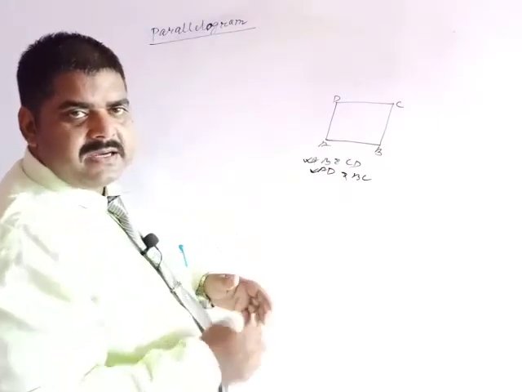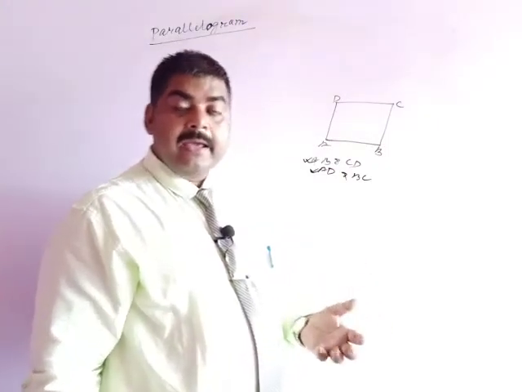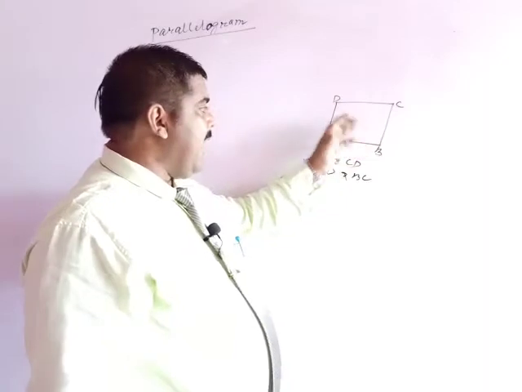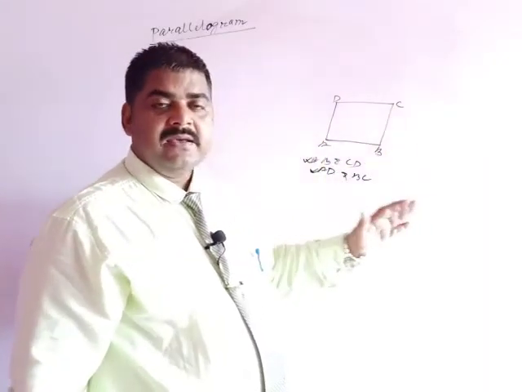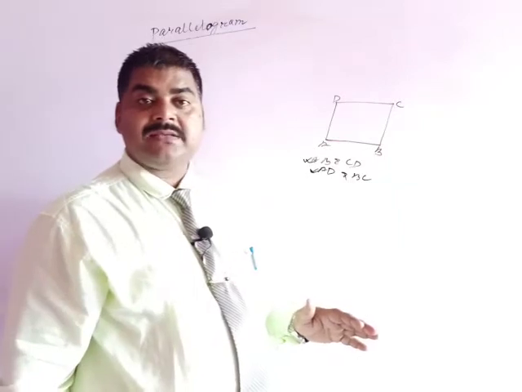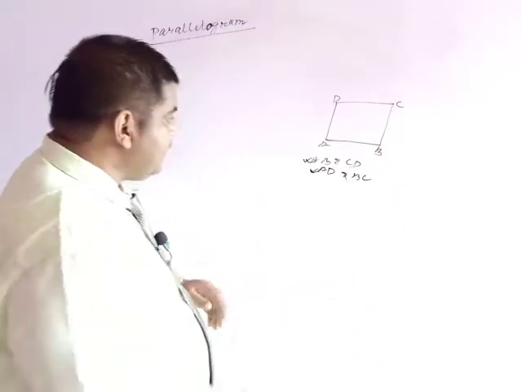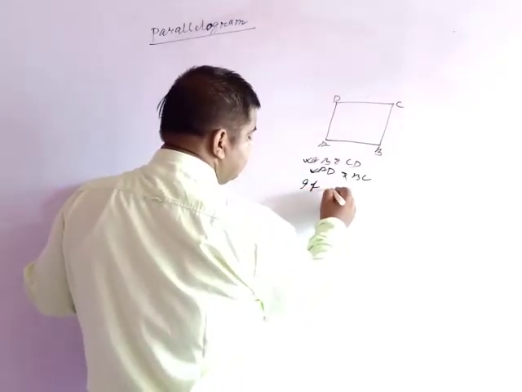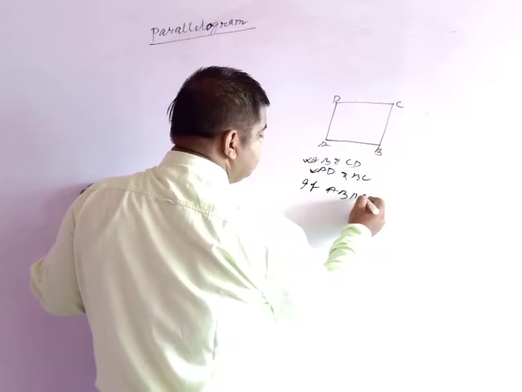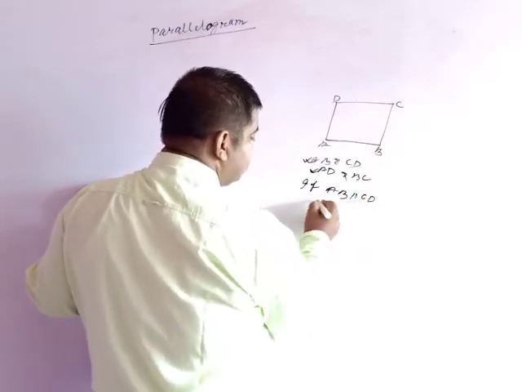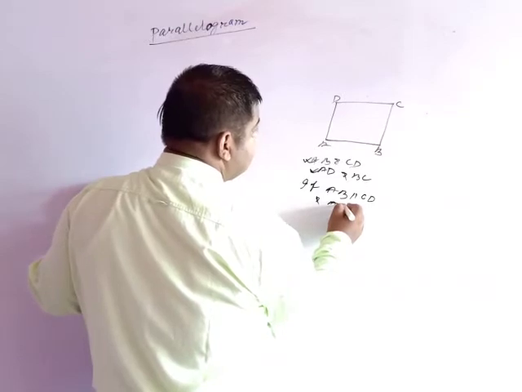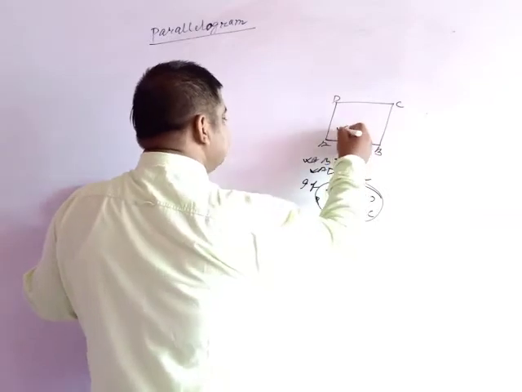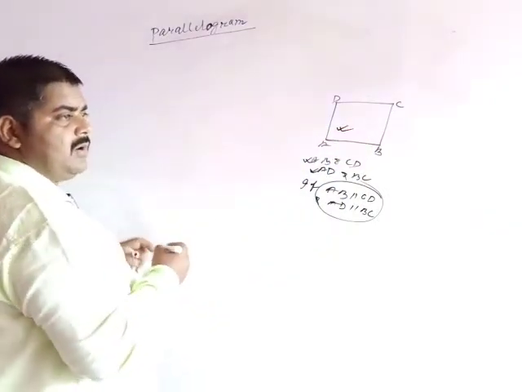Different quadrilaterals are of different types, and if AB is parallel to CD and AD is parallel to BC, such a type of quadrilateral is known as a parallelogram.